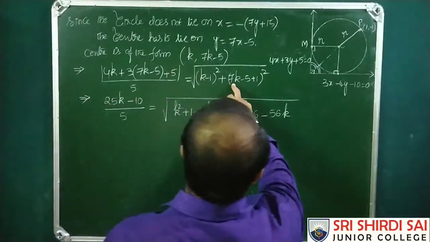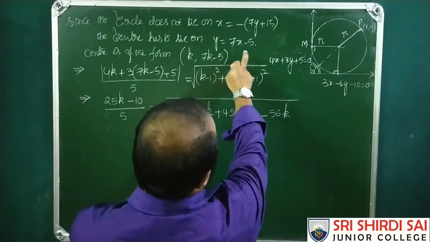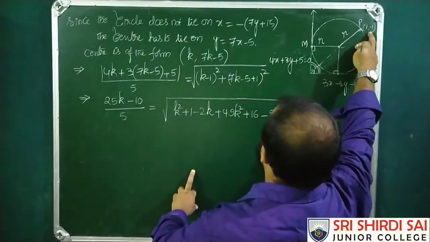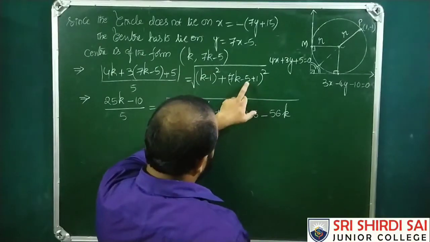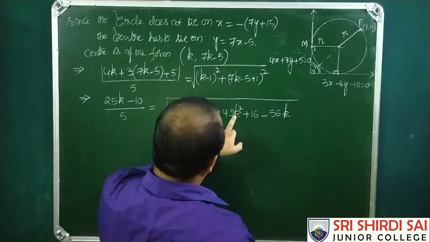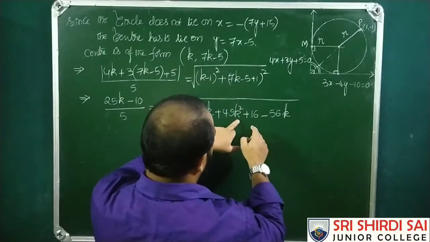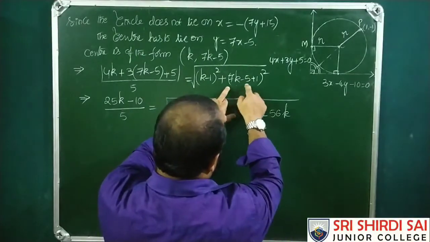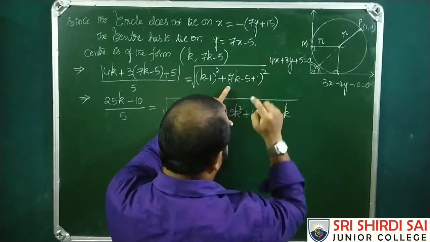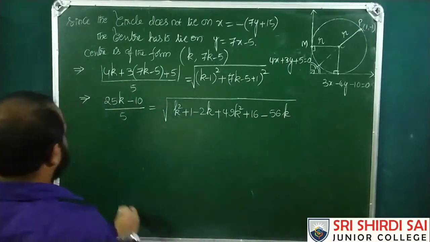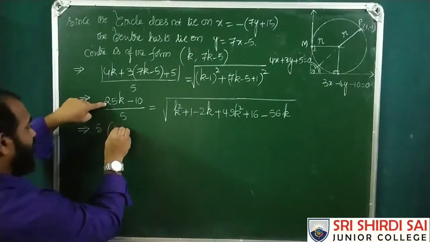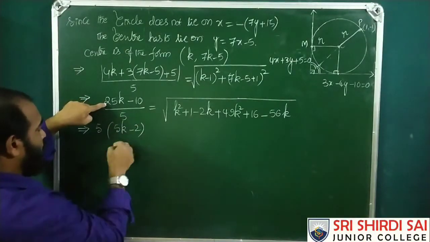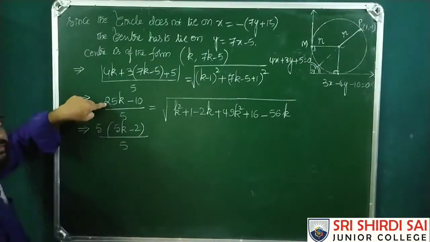So this is 7k minus 5 minus of minus plus 1, so 7k minus 4 whole square. Now if I take 5 as the common here, then 5k minus 2 by 5.